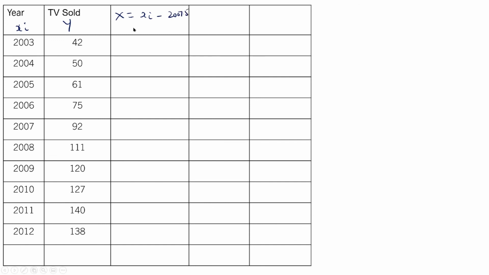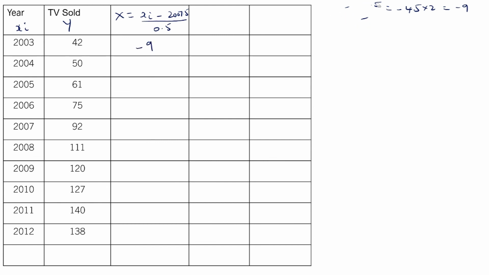So we have to take x as xi minus 2007.5 upon 0.5, or we can take it as into 2. So if we see 2003 minus 2007.5 upon 0.5, it will be minus 4.5 into 2, or it is negative 9. So here we will have the x value as negative 9.